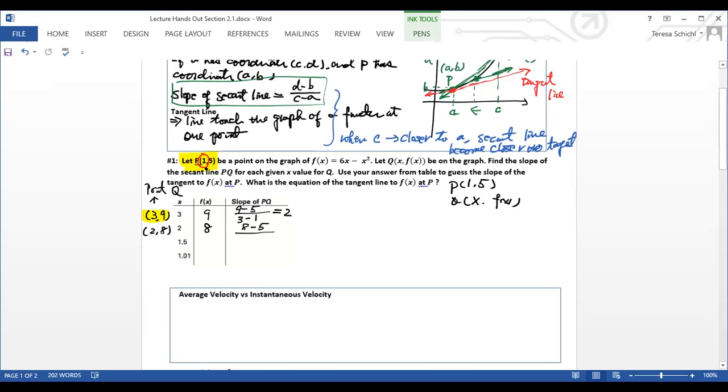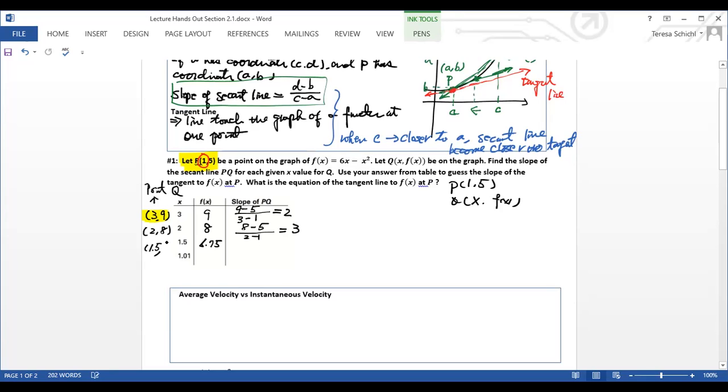So you use (2, 8) and (1, 5). It's 8 minus 5 over 2 minus 1, which is 3. Okay, now I have another point, 1.5. You put the 1.5 into f of x: 6 times 1.5 minus 1.5 squared, which is 6.75.